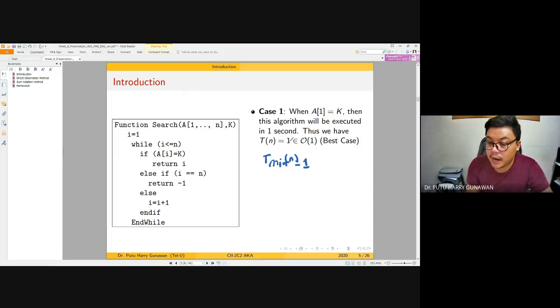Remember that 1 is in the big O of constant 1, since this is a constant. So this is the best case.